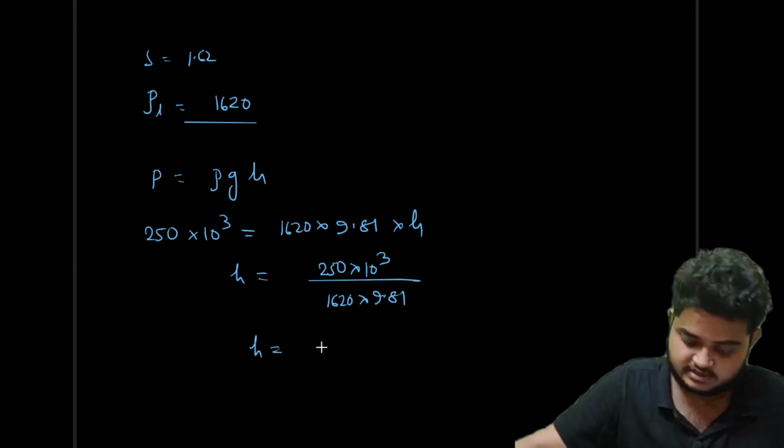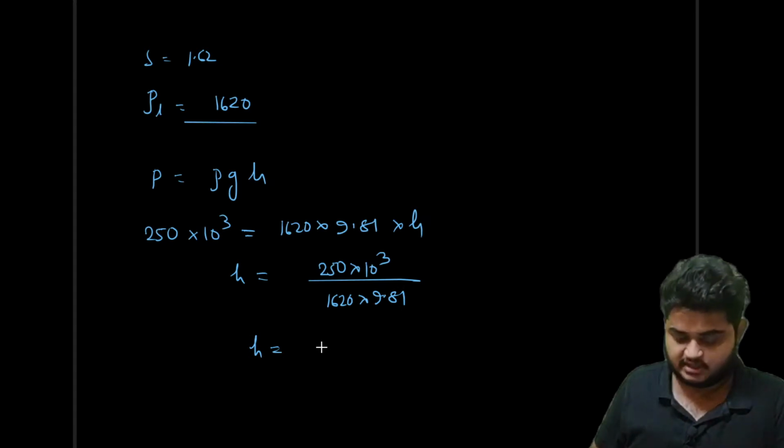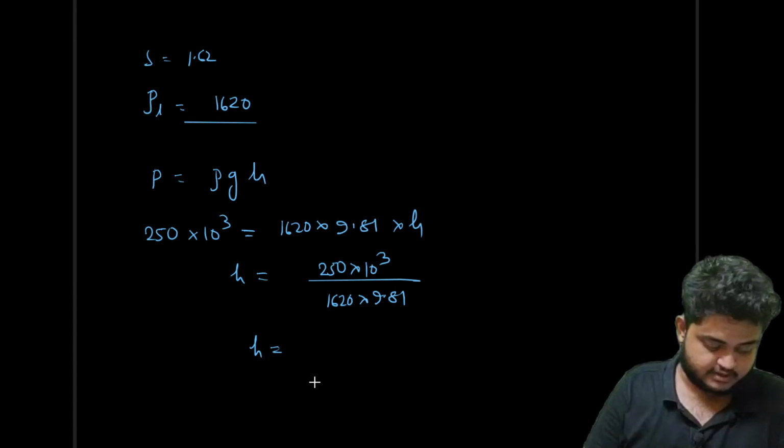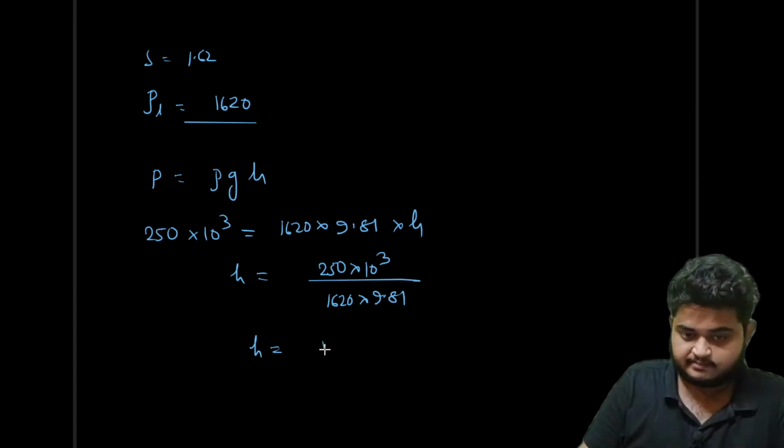So if I calculate this, we will have the right answer with us, that is 250 into 10 to the power 3 divided by 1620 into 9.81, and it will come out as 15.73.